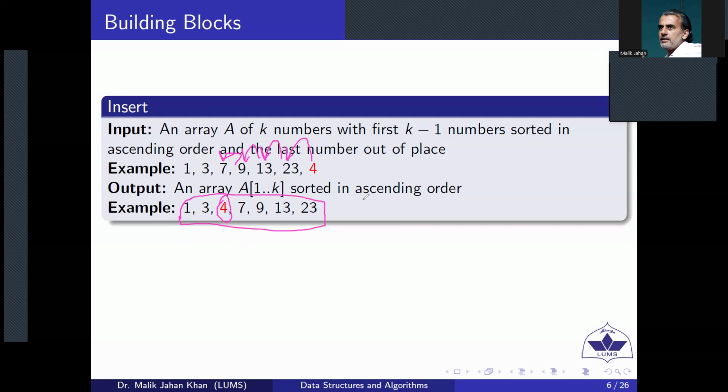So in the worst case, the complexity is going to be big O n, if n is the total number of elements. So big O n is going to be the complexity of one insert call. If insert has been written as a method or function, we'll have to perform big O n steps in the worst case to get an element which is out of place inserted at its right place.